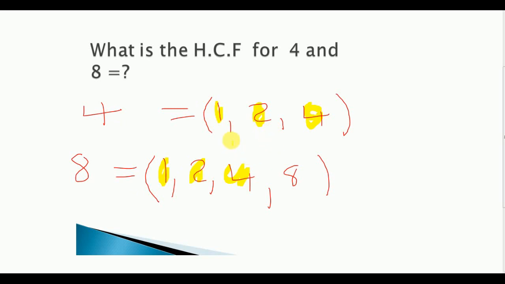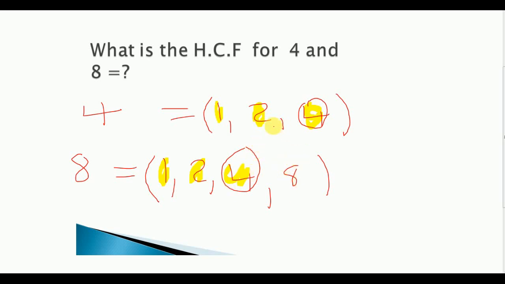So what I am going to do now is to find the highest common factor for 4 and 8. 4 would be the highest common factor for 4 and 8 because 4 appears in both brackets.